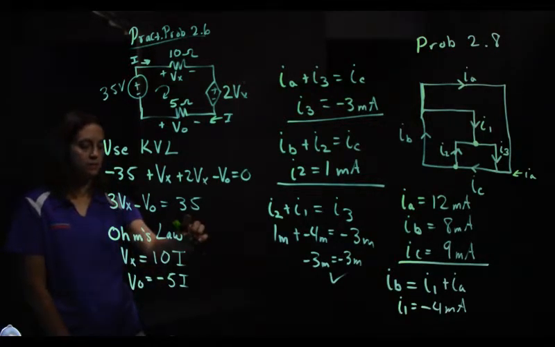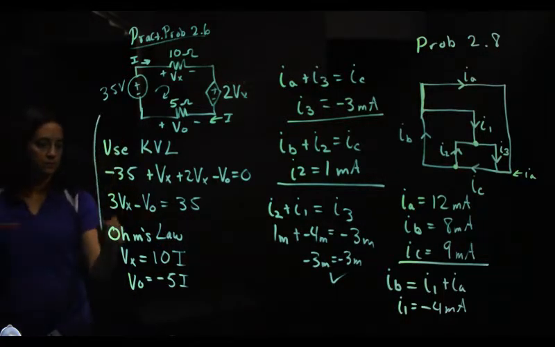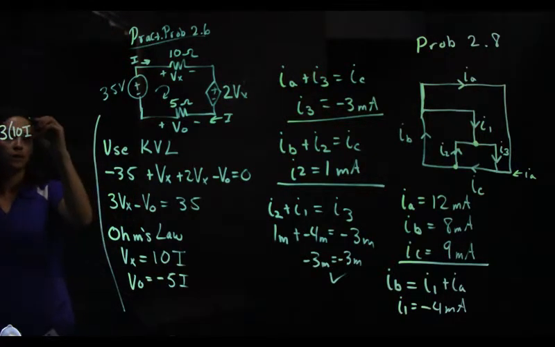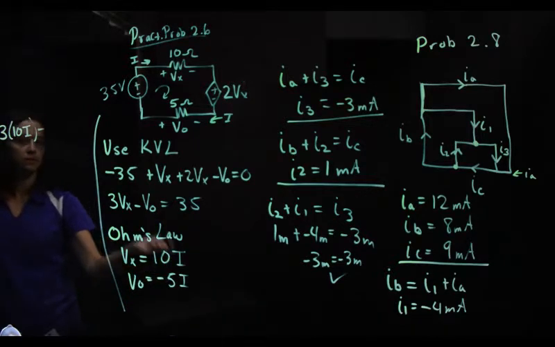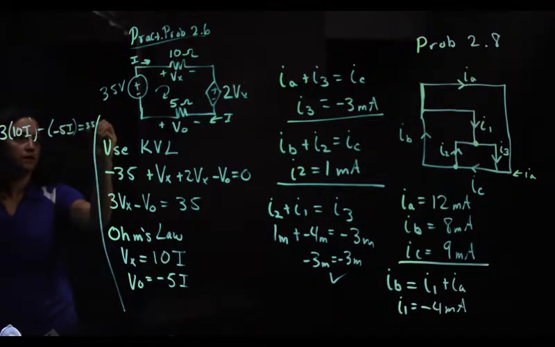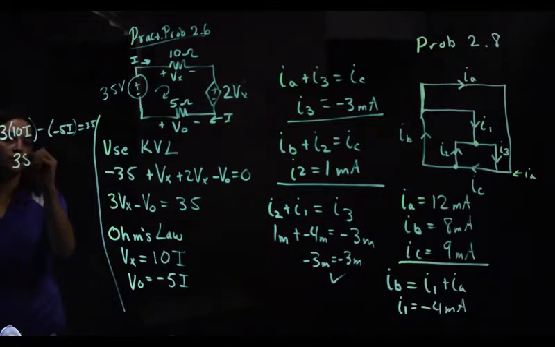Now I can write this equation in terms of these I's. I have 3 times Vx, Vx is equal to 10I, minus VO, minus minus 5I, equals 35. So I have 30I plus 5I, and 35I equals 35.